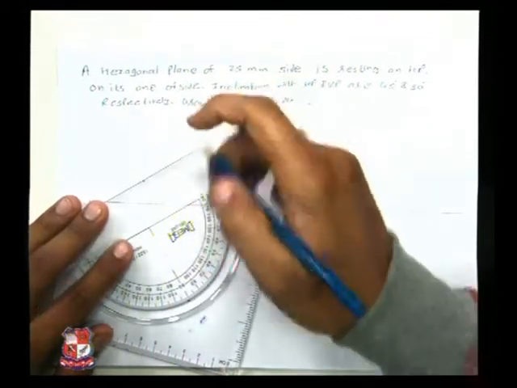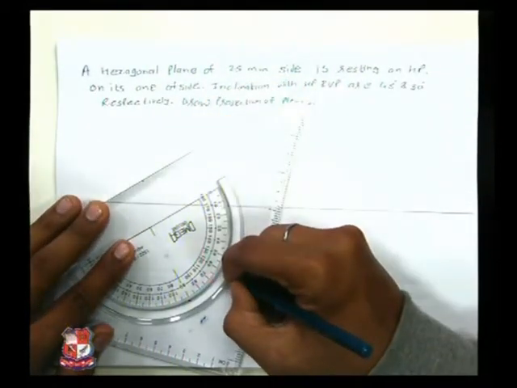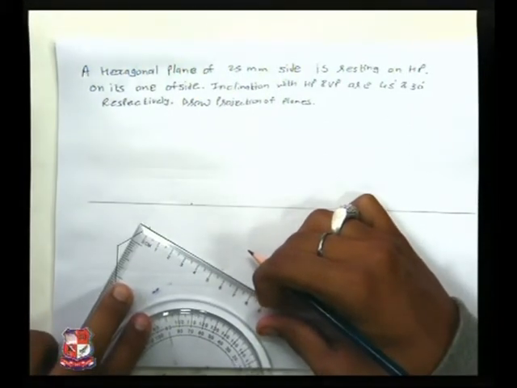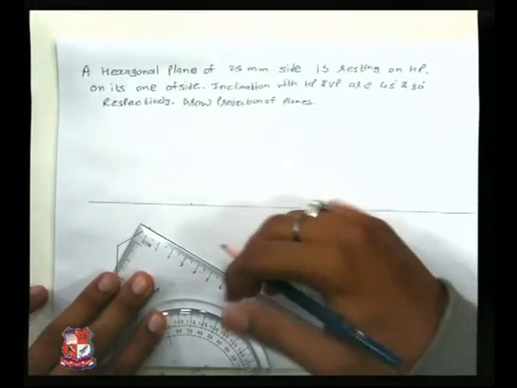Each angle would be 120. Inside angle would be 120 and outside angle would be 60 degrees.